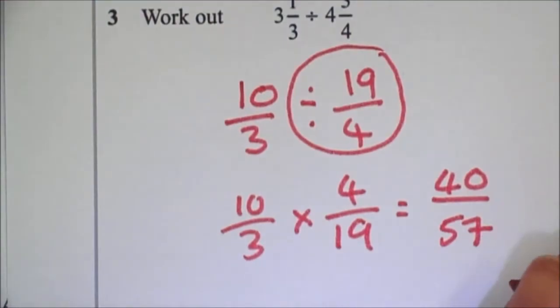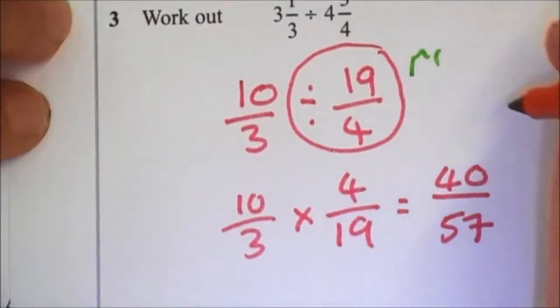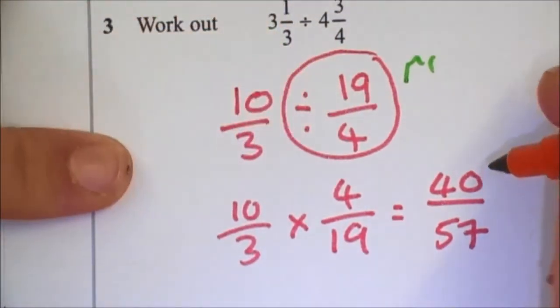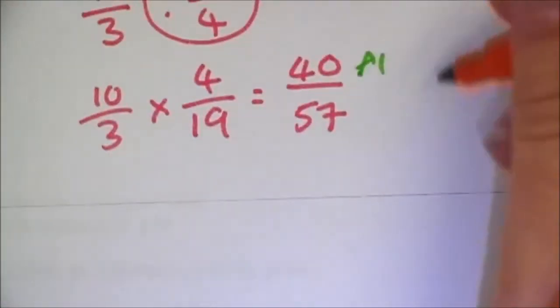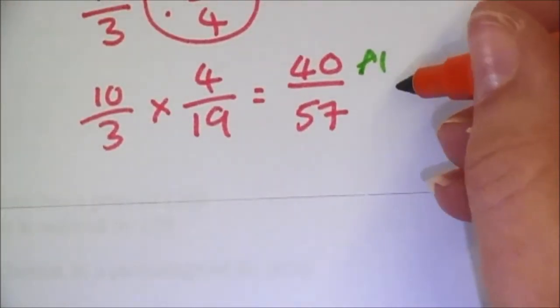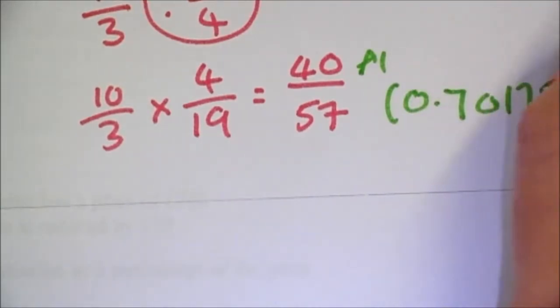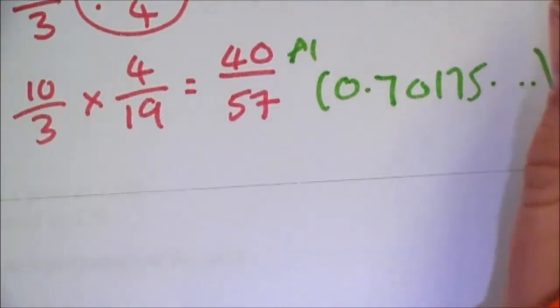I can't cancel that down. This is only a 2-mark question. I get 1 mark for showing that I can write the fractions as improper, and I get the answer mark for getting the answer. As this is a calculator paper, they do actually accept 0.70175, and so on. So if you've got the answer as a decimal, then that's also fine.